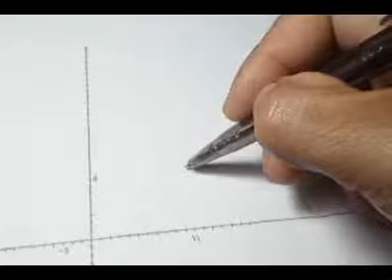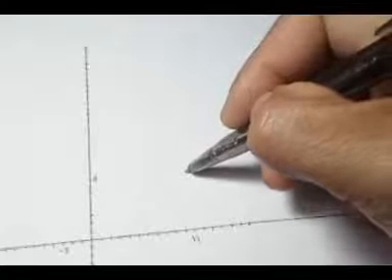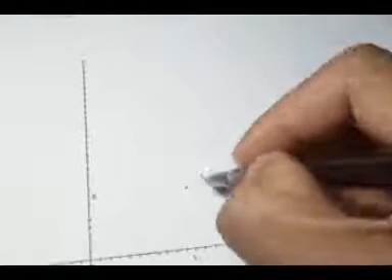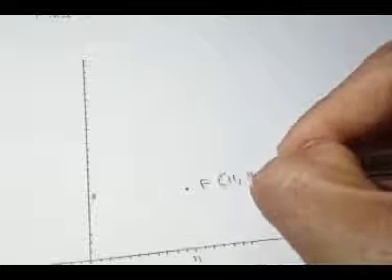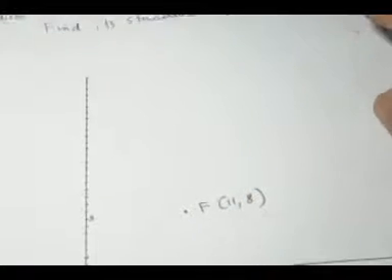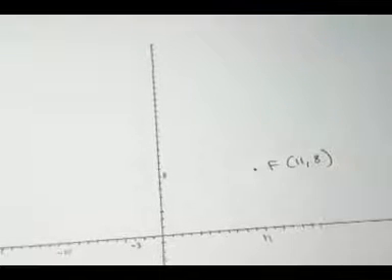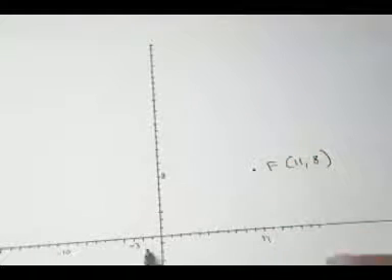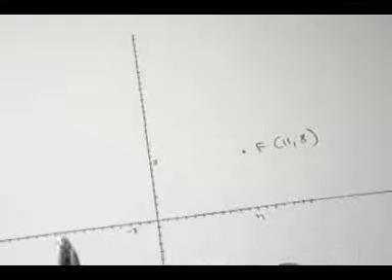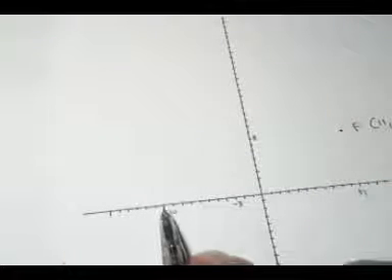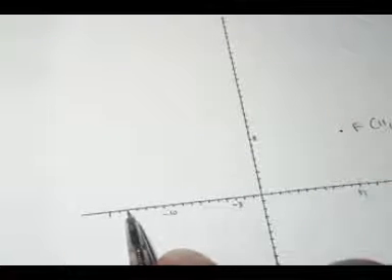So our focus F is (11, 8). The directrix is x equals negative 17. So this is our x-axis: negative 17, negative 10, 11, 12, 13, 14, 15, 16, 17.